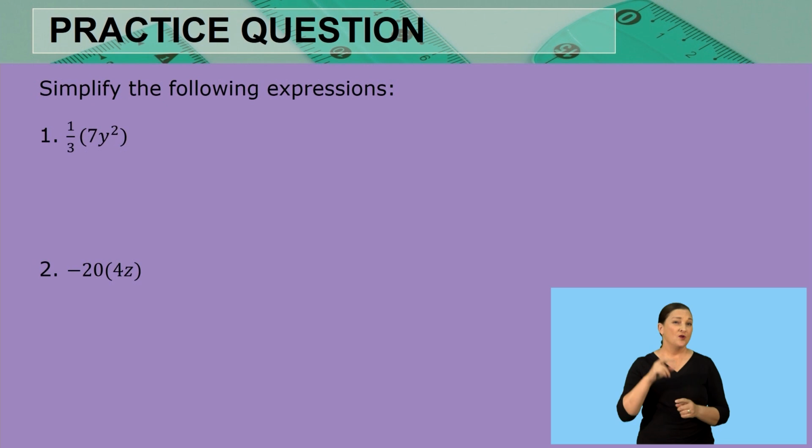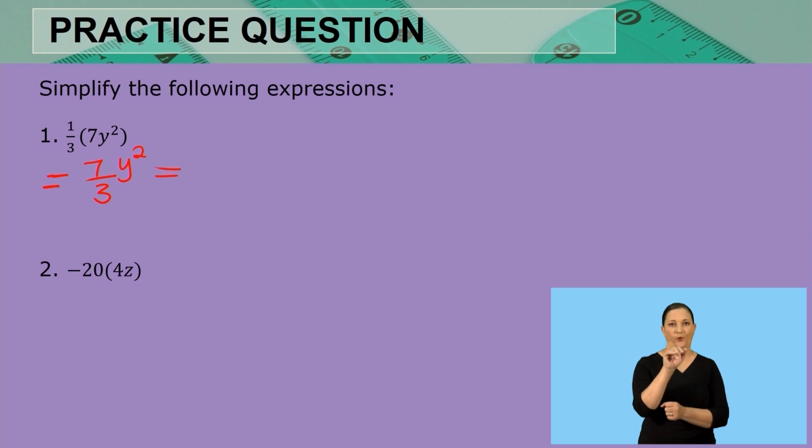So 1/3, remember now, because we have a constant, we are going to multiply it with the integer, and then the variables are just going to stay as they are. So what is 1/3 multiplied by 7? This is simply going to give us 7/3 as our answer, and the variable will remain as it is.